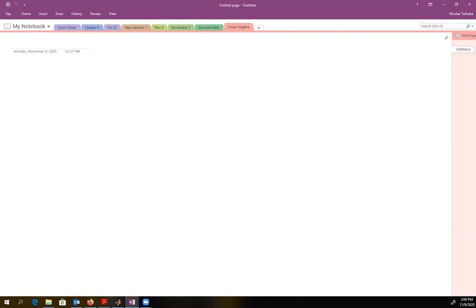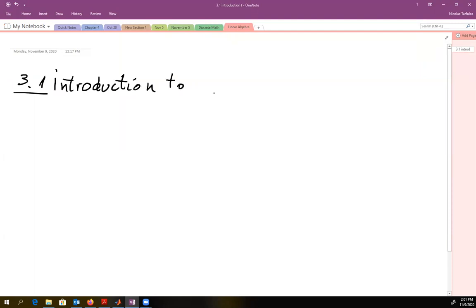This is chapter 3 in your textbook, just an introduction to determinants. I'm going to talk about section 3.1 first, which is about an introduction to determinants.